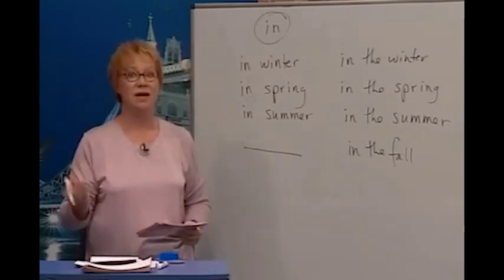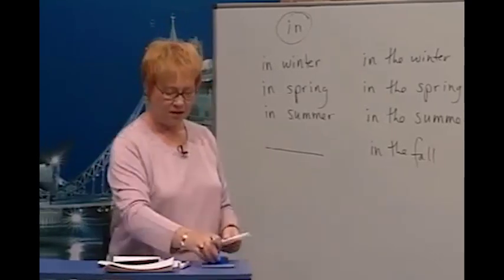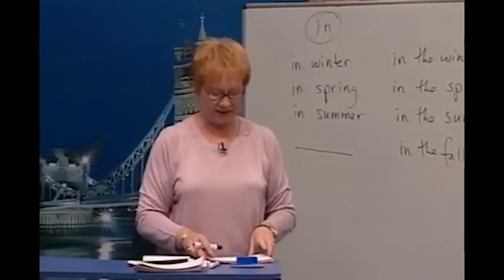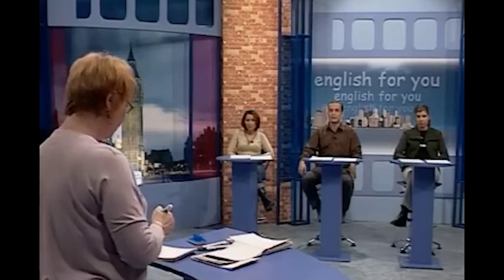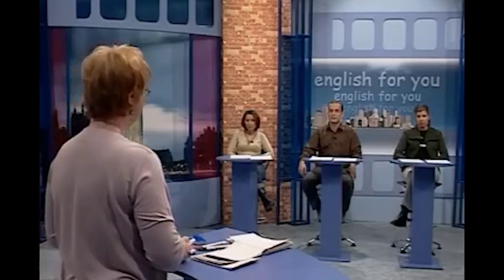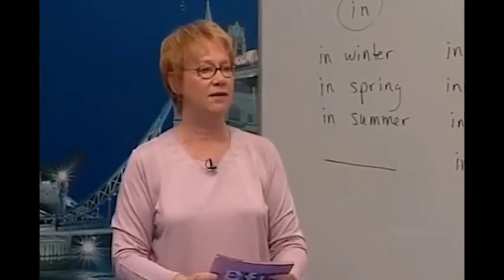Now, let's practice a little bit. All right. Now, let's start with Isabel. Isabel, which months are in the spring? March, April, and May. Yes, that's right. Ali, which months are in the summer? June, July, August. All right.